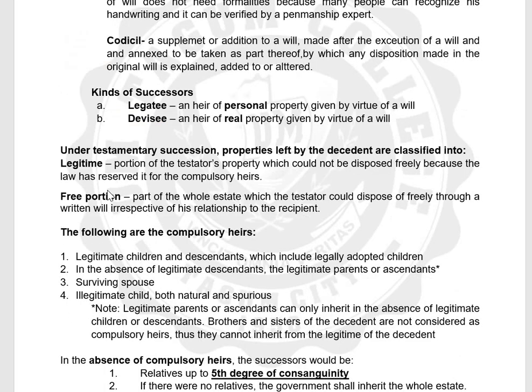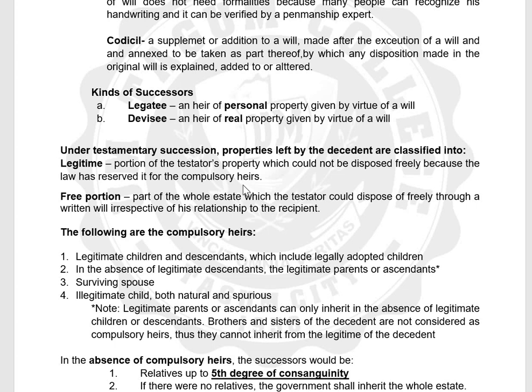So under the testamentary succession, properties left by the decedent are classified into first the legitimate portion and the free portion. So yung legitimate, ito yung portion of the testator's property which could not be disposed freely because the law has reserved it for the compulsory heirs.